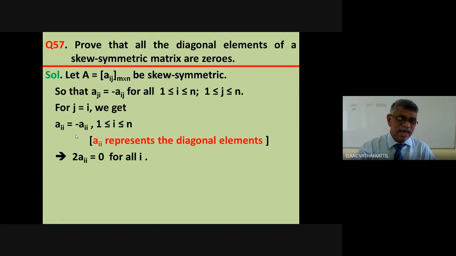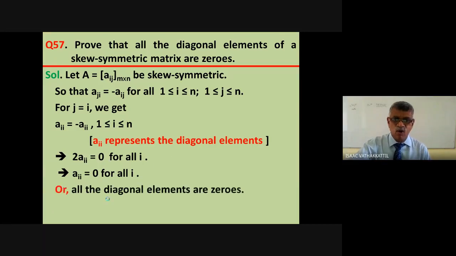If you take the aii to left side, you get 2 aii equal to 0 for all i. That means aii equal to 0 for all i. Now you know aii represents the diagonal elements. That implies all the diagonal elements are zeros.